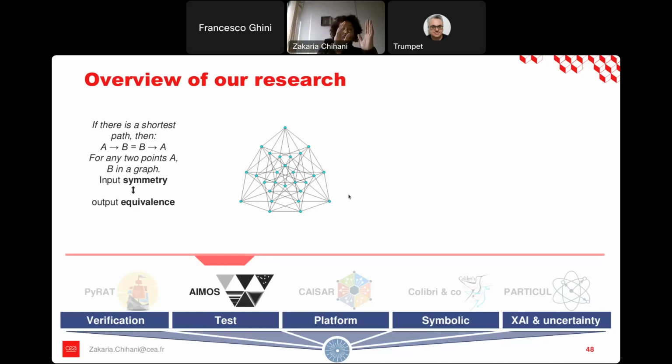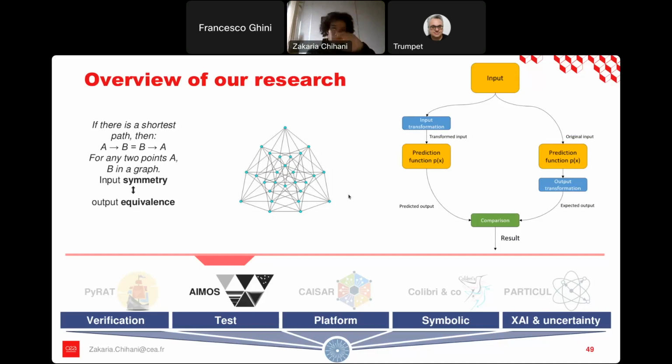But you know that if you call it with B to A, it should give you the same result, because the distance between the two points is the same whether you go from A to B or from B to A. So here the relation on the inputs is symmetry, and the relation on the outputs is equivalence. You use this to generate as many test points as possible, and it can detect problems. But if everything succeeds, as I said before, it doesn't mean that there are no problems, obviously.